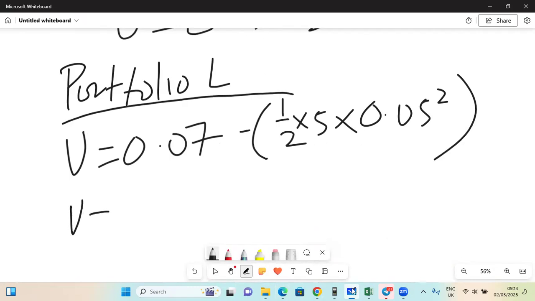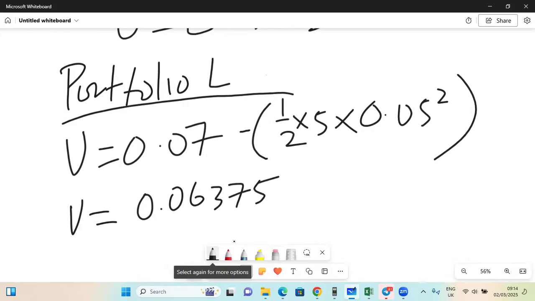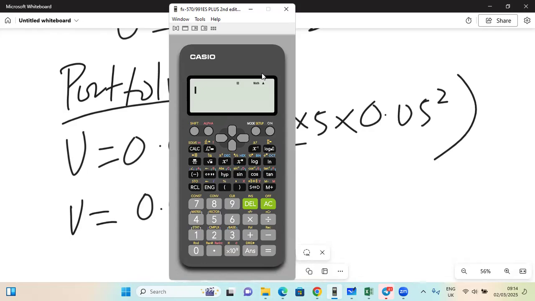And we are going to get 0.06375. You can use the calculator.